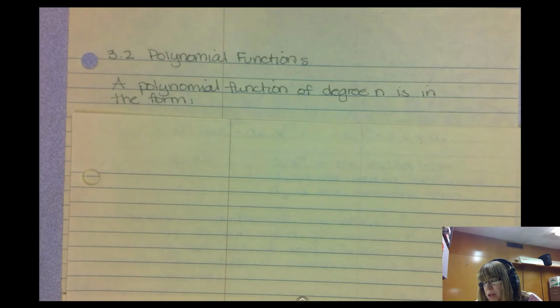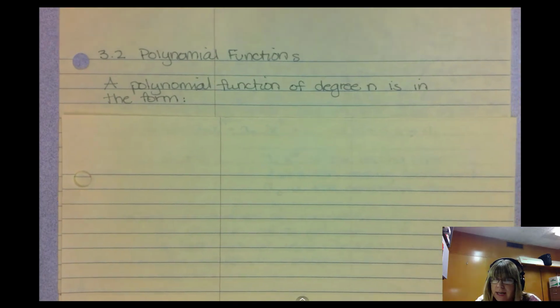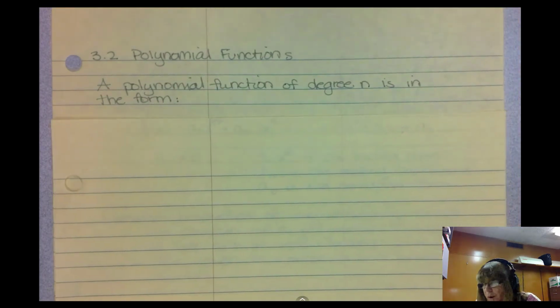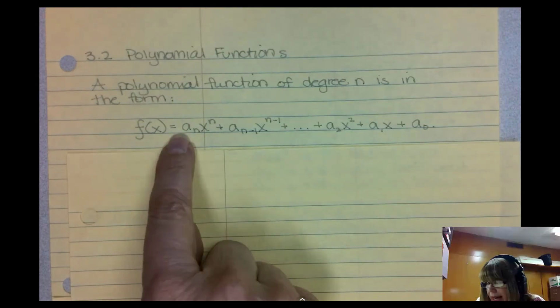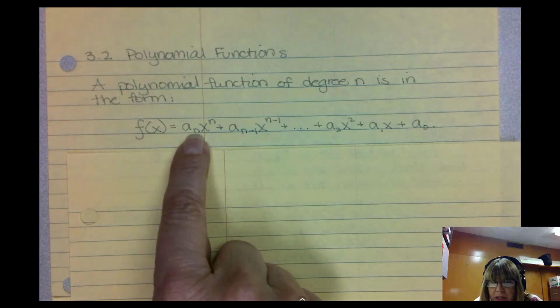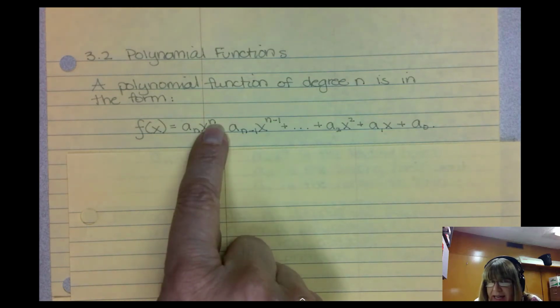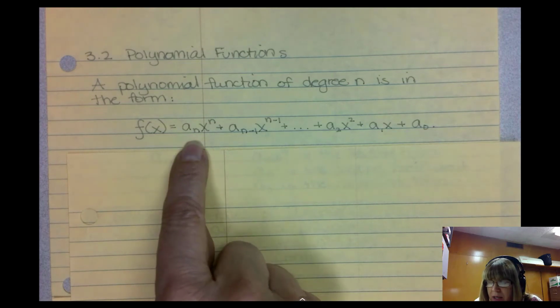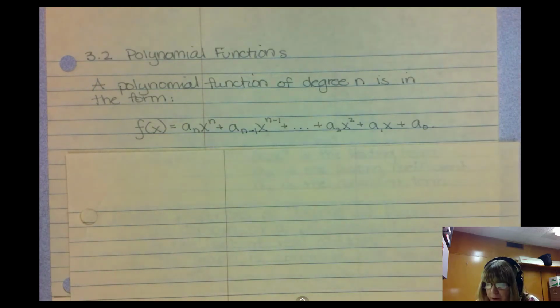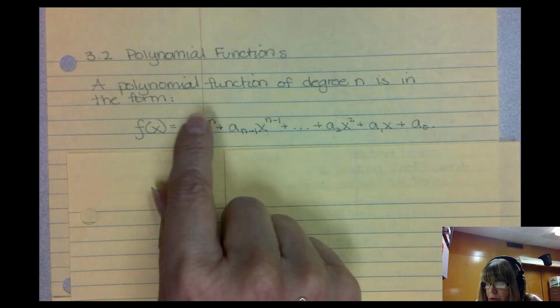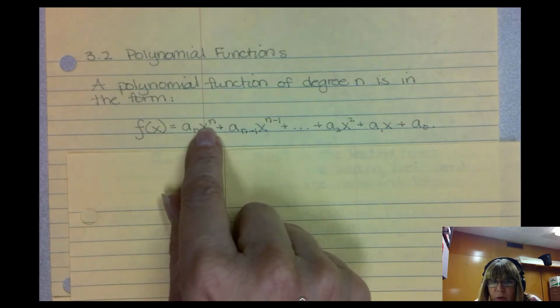A typical polynomial will look like this. It will be in this format. f(x). Now, all of the a's with these little subscripts just go along with the x powers, so we can keep them, but it's just a value in front of the x with the power. Now our polynomial could be any value of n.